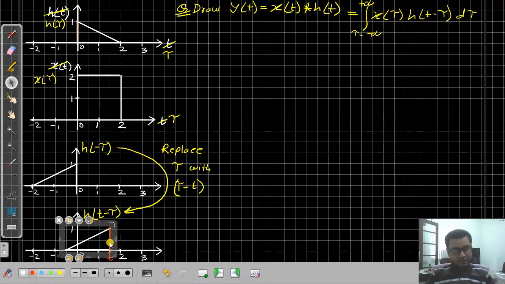So that point I have marked with a red line. So this red line should go to the point wherever this t is. So this is h(t minus tau). After that we have to multiply these two. x(tau) is here, h(t minus tau) is here. Now we have to multiply these two signals.